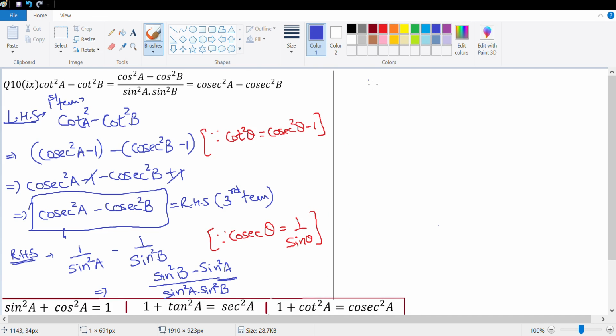So here this would be sine square B. They want cos square, so the relation between sine square and cos square is sine square theta plus cos square theta is equal to 1.